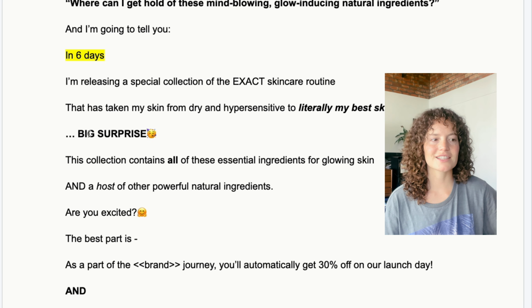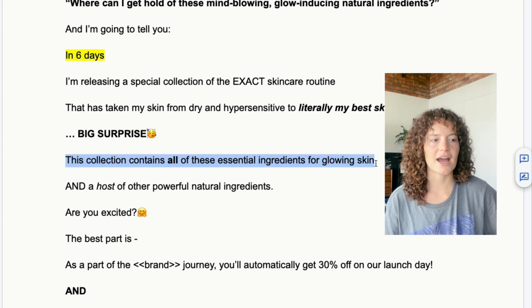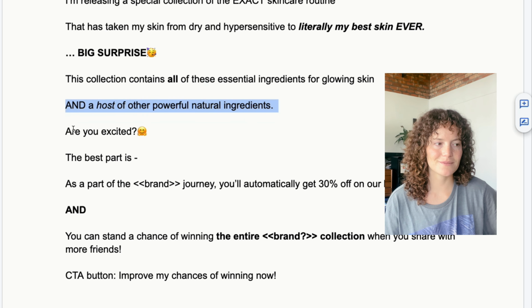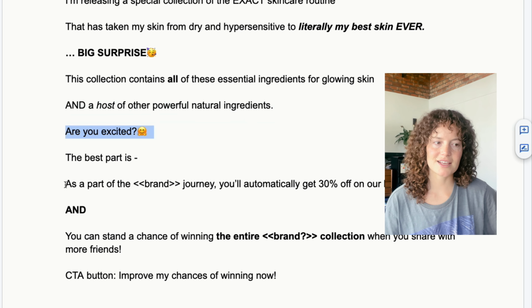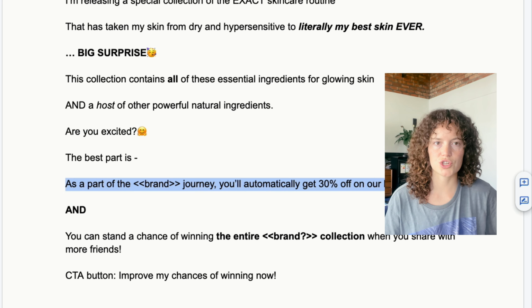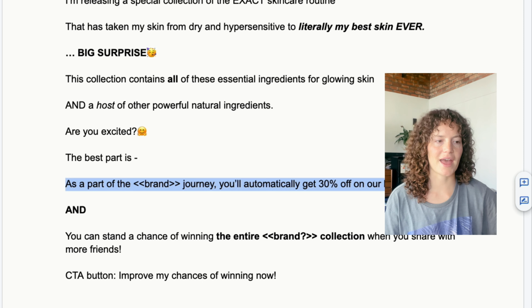Big surprise, this collection contains all of these essential ingredients for glowing skin and a host of other powerful natural ingredients. Are you excited? The best part is, as part of this journey, you'll automatically get 30% off on our launch day. So this is again bringing our promotional offer in at the end.